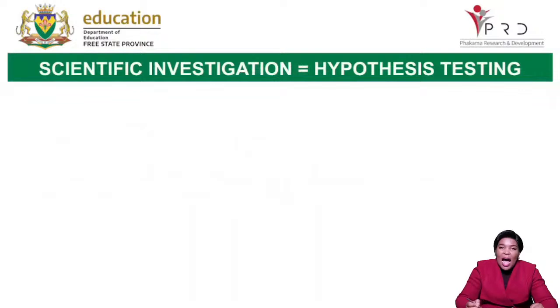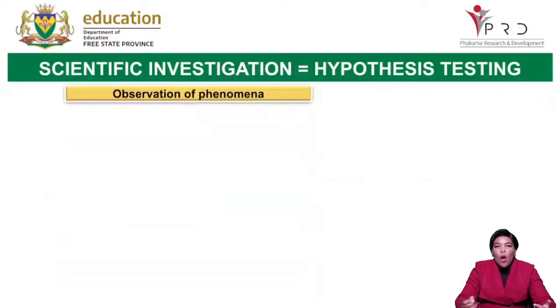Right. So hypothesis testing. Scientific investigation can also be regarded as hypothesis testing, because when you start a scientific method, you will start with your hypothesis and then you design an investigation to test that hypothesis. Hence, it is also known as hypothesis testing. So you start by observing phenomena. This is the first thing.